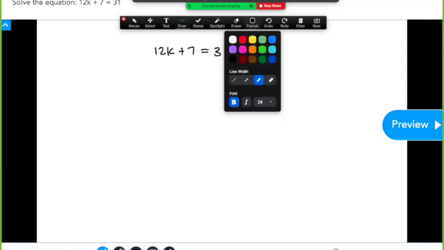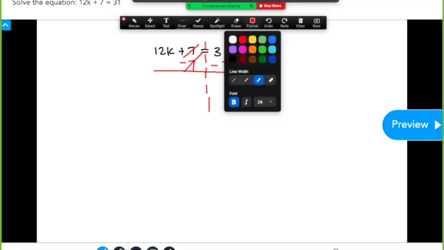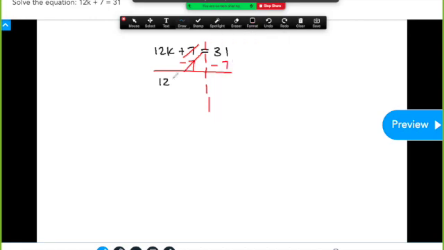So I'm going to start off by cutting my equal sign in half. And then I see here that 7 is adding to the 12k, so I'm going to cancel it by subtracting 7 on both sides. When I do that, this cancels out the positive 7. I can also drop down my 12k.